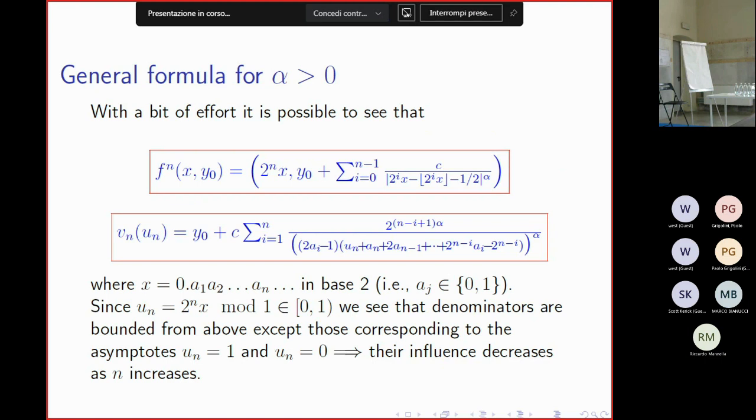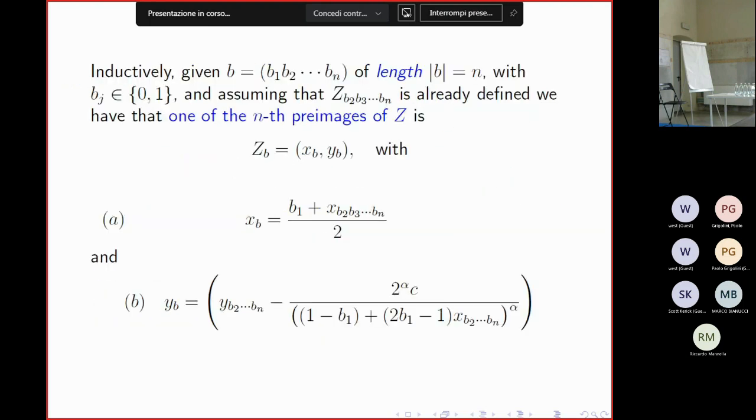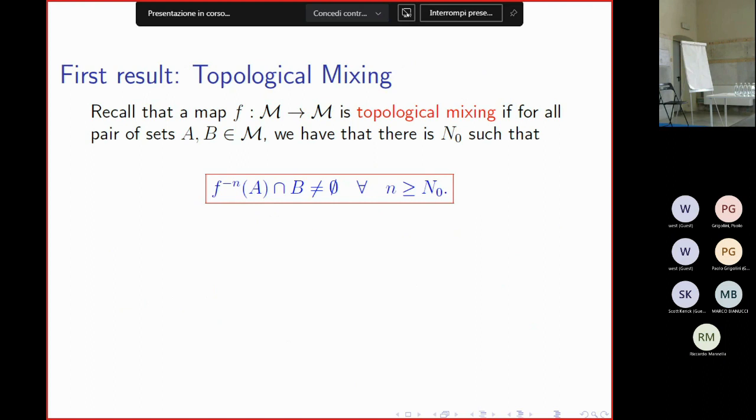If you take two points, x and y, you have a formula that you can get inductively, where the second coordinate is like that. And you have to write the points in base 2. Anyhow, I'll not talk about this.